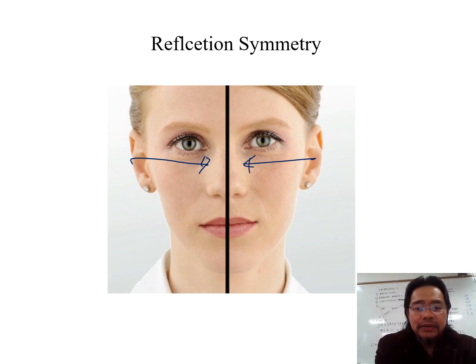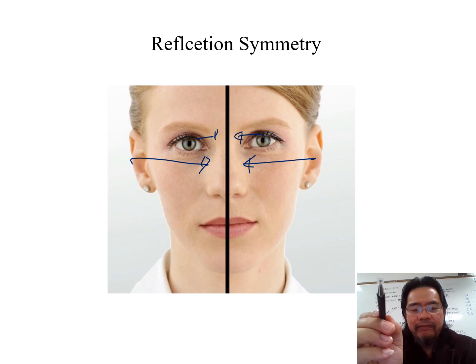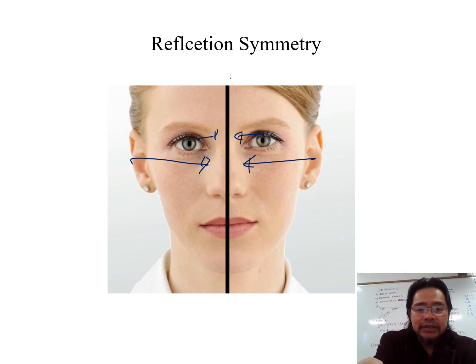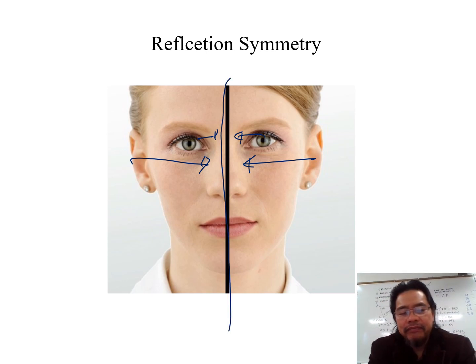The distance of your eye to the middle is the same distance as your other eye to the middle. See? And that is because this is the reflection line. So that is reflection. Left has the same counterpart at the right.